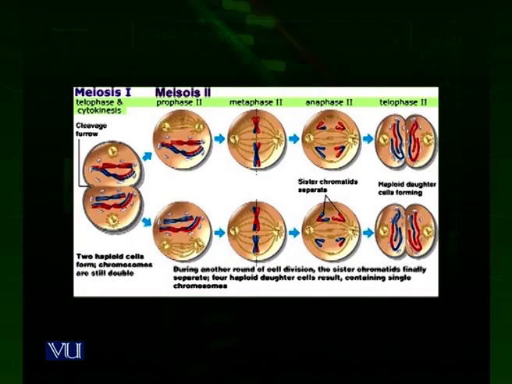So in meiosis I, what happened? One cell was divided into two, each with a half number of chromosomes.